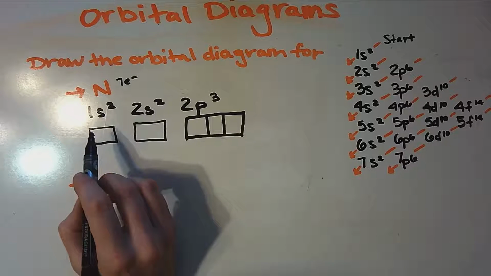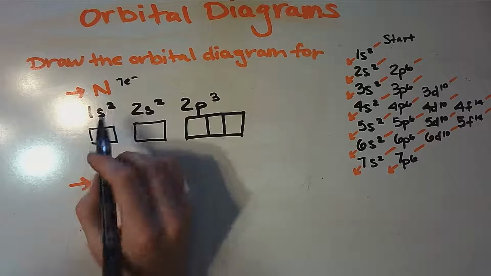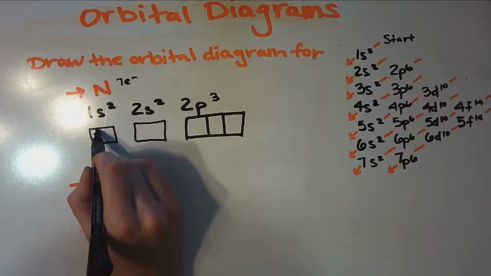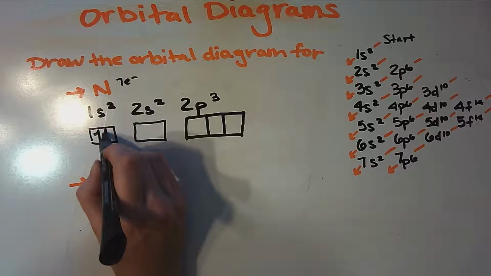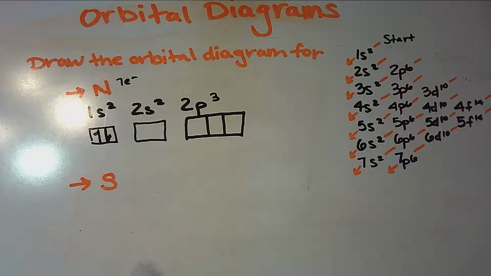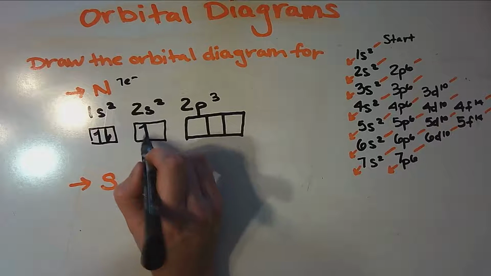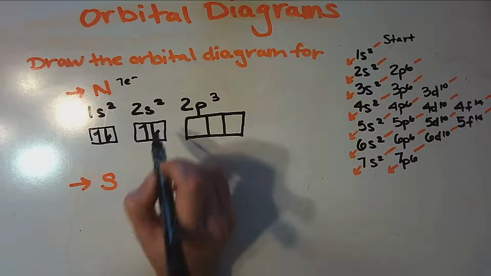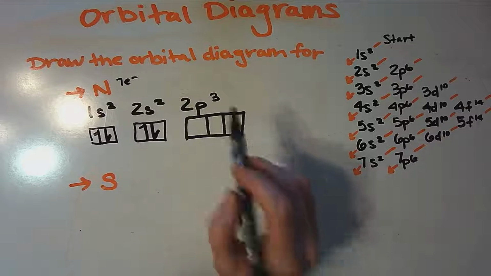All right, so I'm going to start, and I'm going to show my electrons with arrows. So 1s2, one arrow going up, having an upward spin, the other going downward. You can actually draw arrows either way. 2s2, I'm going to fill it up with 2 arrows for my electrons, showing that they have opposite spins.